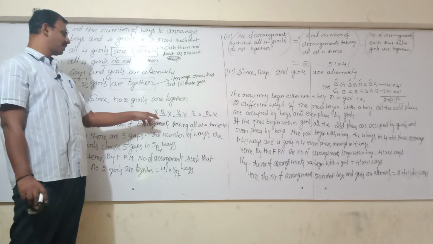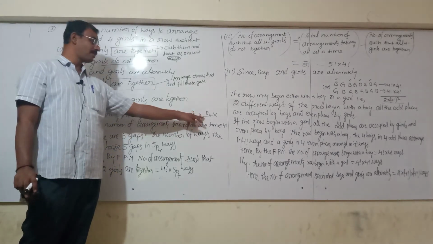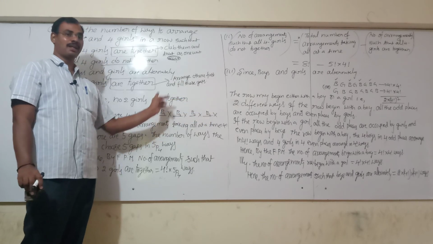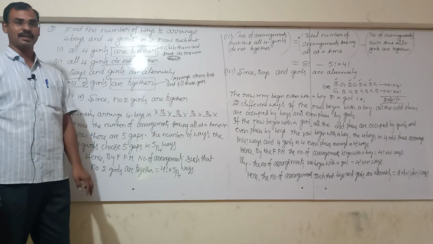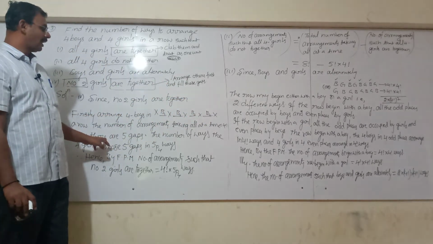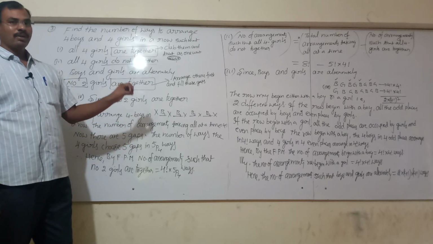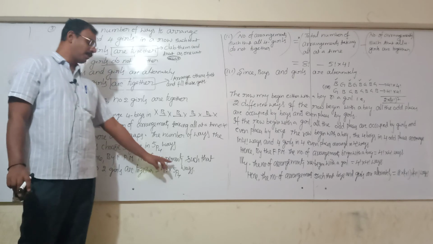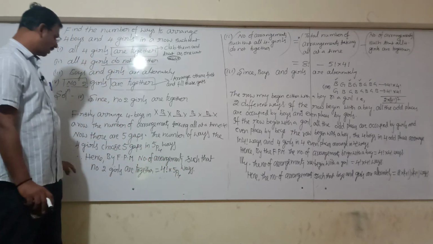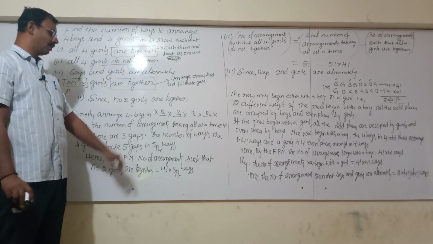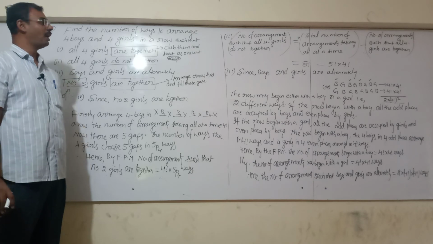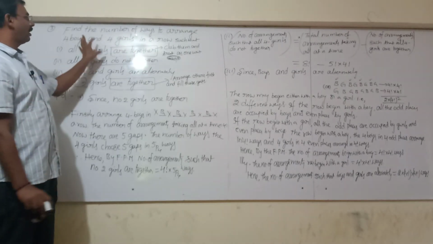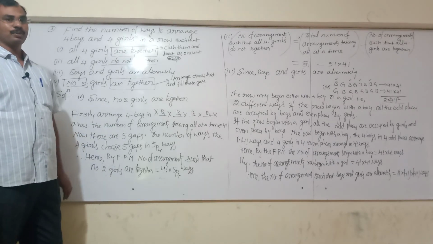There are 5 gaps, including the first place and the ending place. Beginning and ending should be considered. How many ways can the 4 girls choose these 5 gaps? 5P4 ways. So the total number of ways is 4 factorial into 5P4. You should understand this is the main idea for solving the textbook problems.